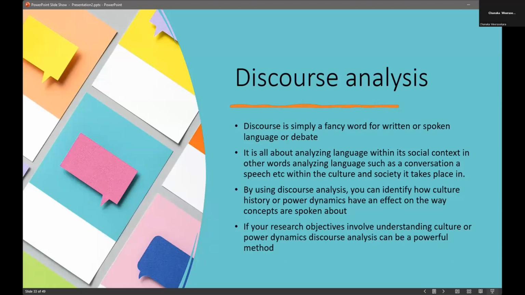If the cleaner is so afraid of the CEO that he is not going to talk to him face to face, that gives us an idea about the context, power, and dynamics. So if it is important for you as a qualitative researcher to capture that part of the data, you can go for this discourse analysis. So you can use that.